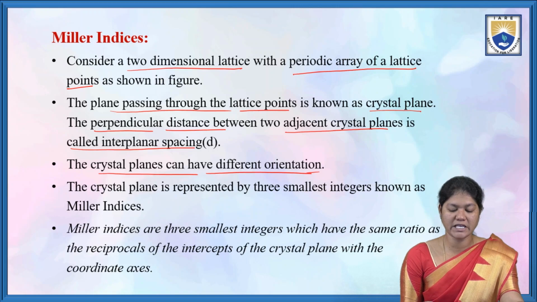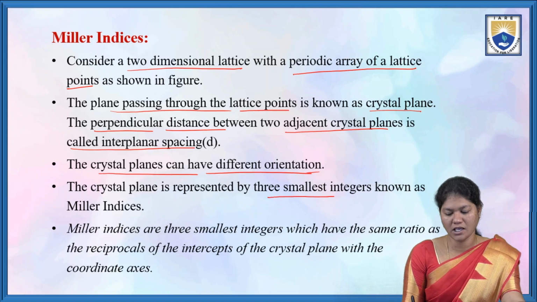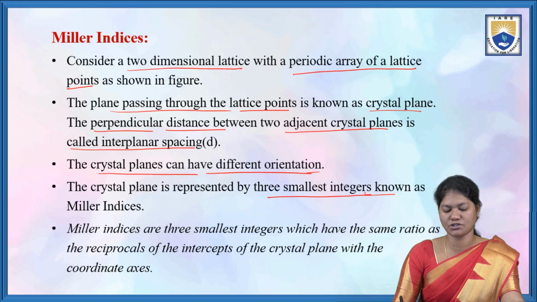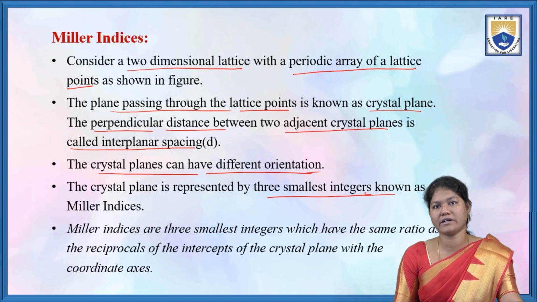The crystal plane is represented by three smallest integers which are known as Miller indices.